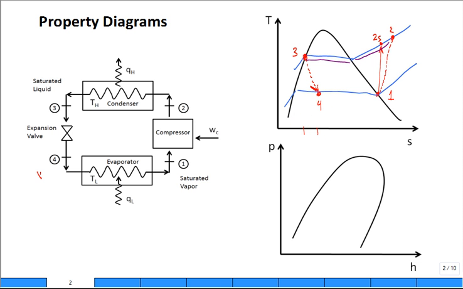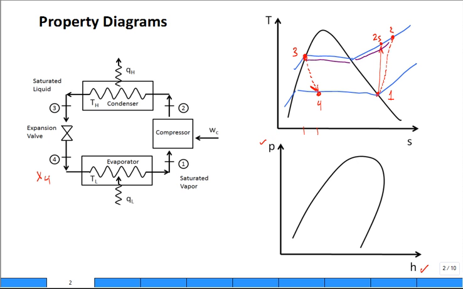There is a quality at state 4, maybe it's 30%. By mass, 30% of the fluid vaporized, leaving 70%, or whatever the number is, of that to vaporize and provide cooling. Now we have a new property diagram, a pressure enthalpy diagram, pressure and enthalpy.